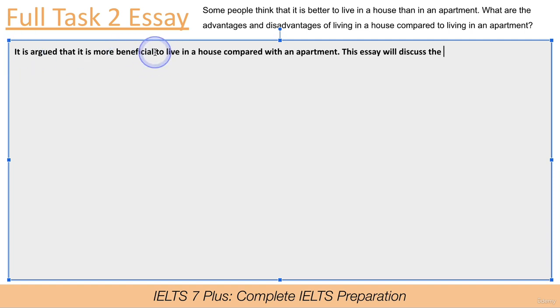We could maybe change this word around to use benefits and drawbacks. It is preferred, maybe we could use one F there. It is argued that it is preferred to live in a house compared with an apartment. This essay will discuss the benefits and drawbacks of such a situation.